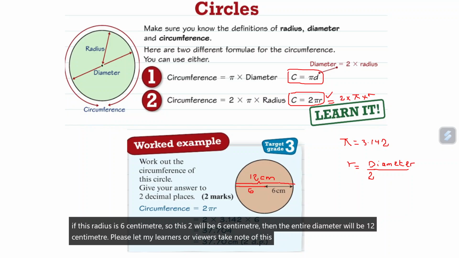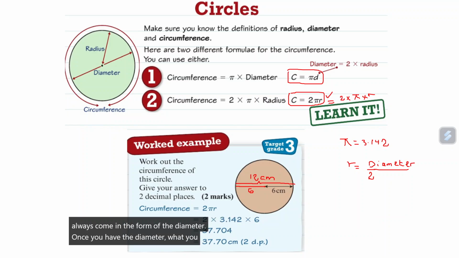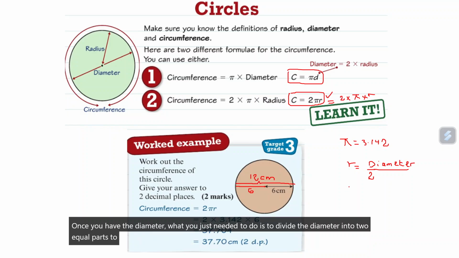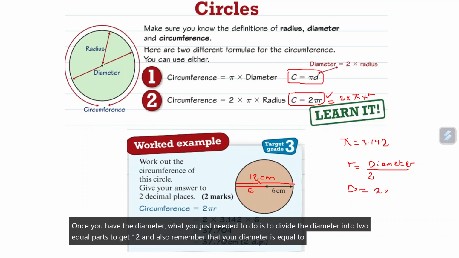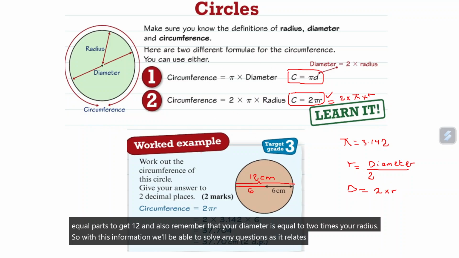Sometimes questions might come in the form of the diameter. Once you have the diameter, what you just need to do is to divide the diameter into two equal parts to get the radius. Also remember that your diameter is equal to 2 times your radius. With this information, we'll be able to solve any question relating to the circumference of a circle.